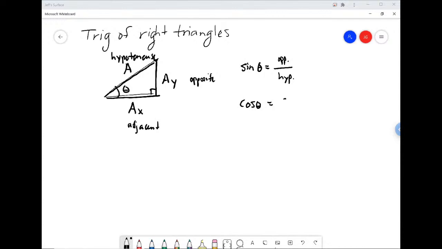Cosine equals adjacent over hypotenuse, and tangent equals opposite over adjacent. Okay, so appreciate this: these are actually the definitions of these functions.